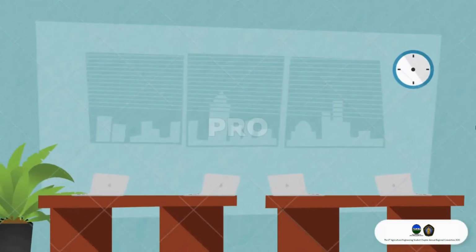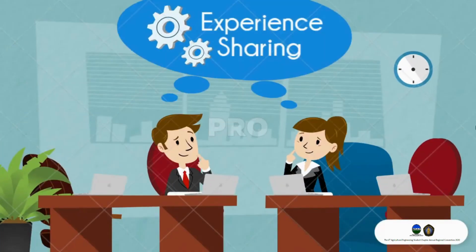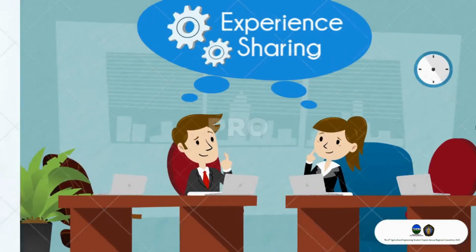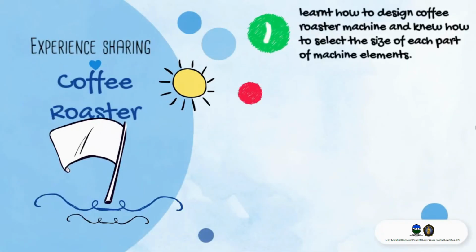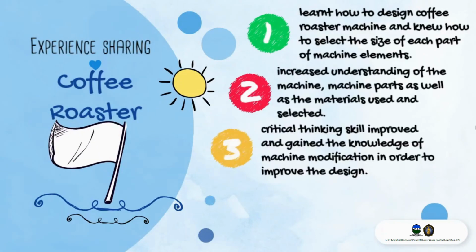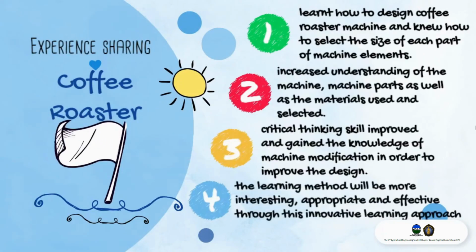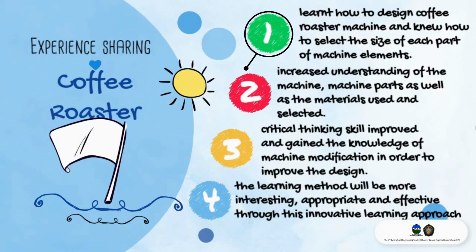That is the experience that we gained through the model development. So, what can we share from our experience in the models' construction? First, we learn how to design a coffee roaster machine and know how to select the size of each part of the machine element.